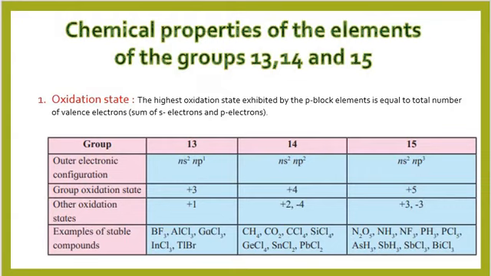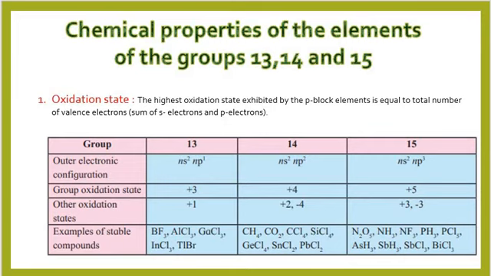The highest oxidation state exhibited by a p block element is equal to the total number of valence electrons, meaning total s electrons and total p electrons. This is sometimes called the group oxidation state. In the boron, carbon and nitrogen families, the group oxidation state is the most stable oxidation state for the lighter elements.